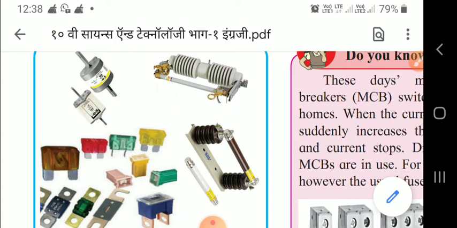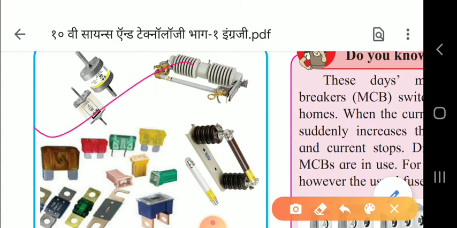Different types of fuses which are used in our houses. We can see these are the different types of fuses.